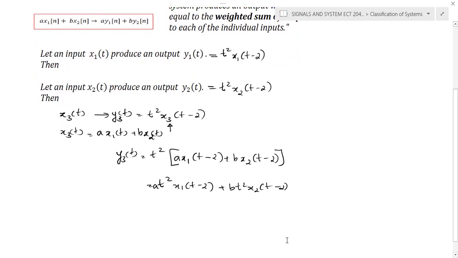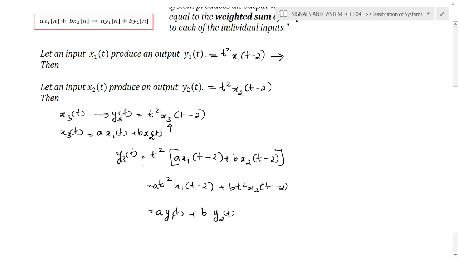If you compare the first two equations, a into t square x1 of t minus 2, so we can write y1 of t here. And similarly for the second, t square into x2 of t minus 2, you can write y2 of t. And a y1 of t plus b y2 of t.